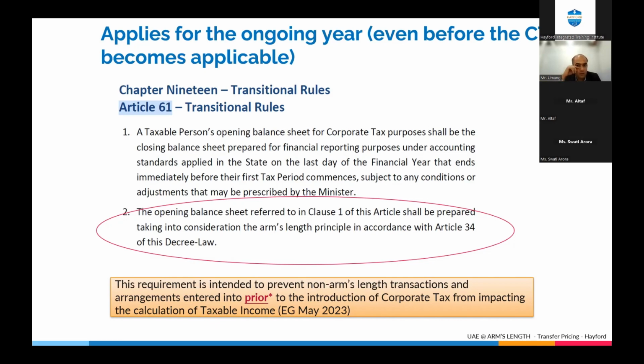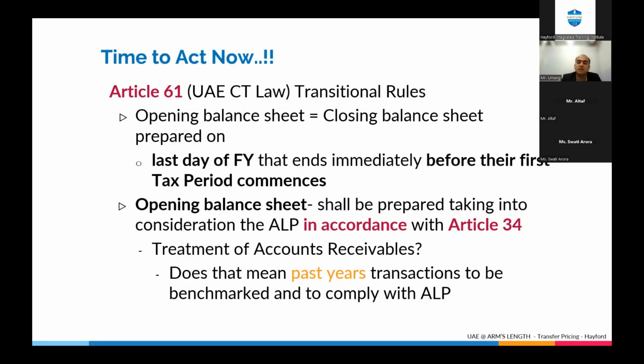Now, interestingly, if we look at the way businesses operate here, the closing balance sheet of 23 would not have just the balances of the year 22-23. It would have those of 22, 21, 20. There would be carried forward dues, receivables, shareholders' current accounts. Does it mean that all these transactions would need to be at arm's length?